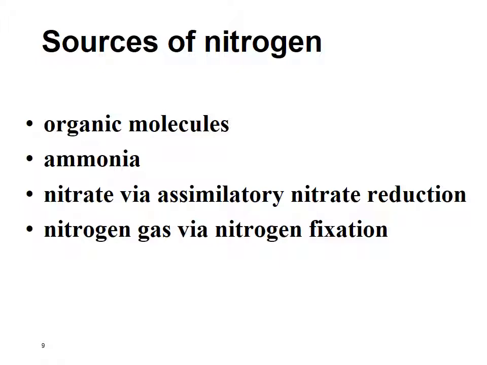Others can incorporate ammonia directly through the action of enzymes such as glutamate dehydrogenase or glutamate synthetase, and certain other enzymes. Most of the photo and chemotrophs can reduce nitrate to ammonia and then incorporate the ammonia. And this is a process known as assimilatory nitrate reduction.